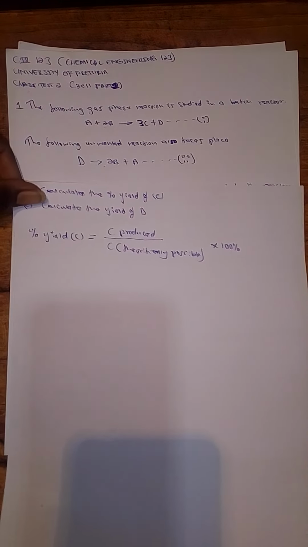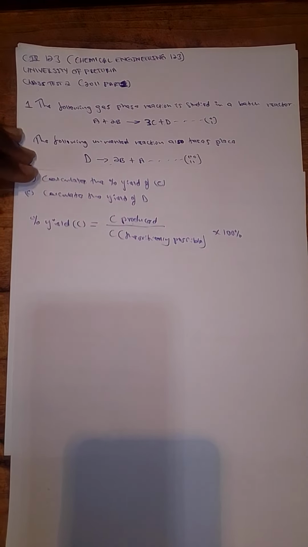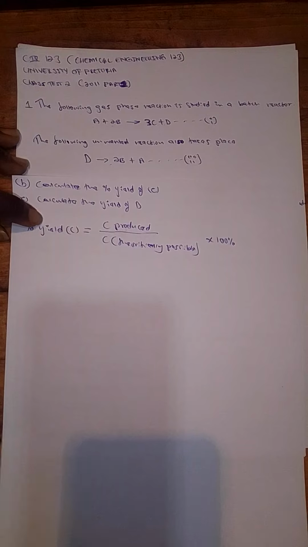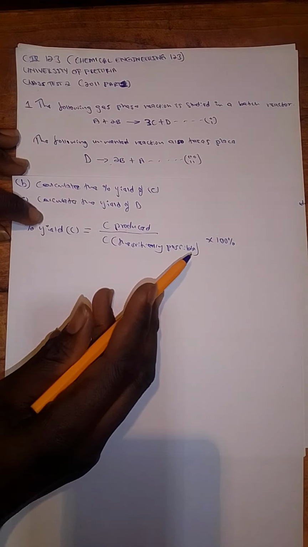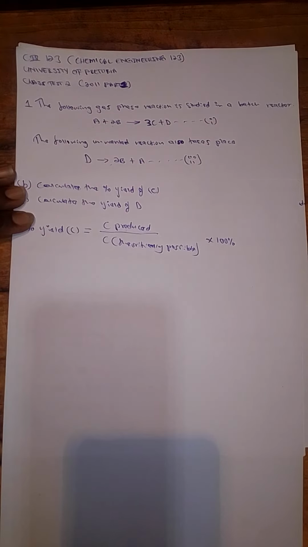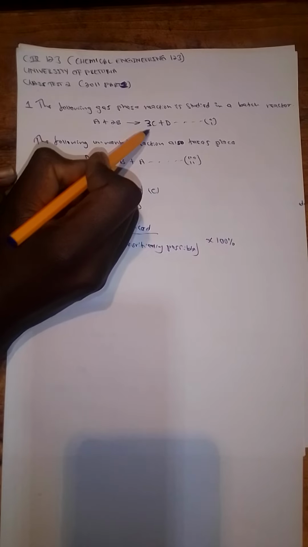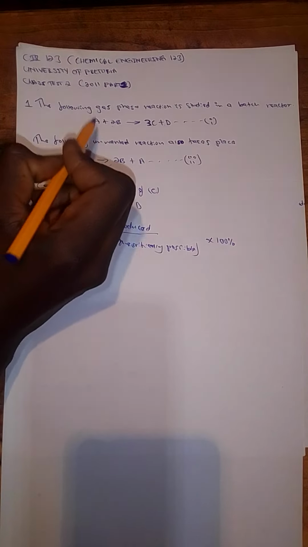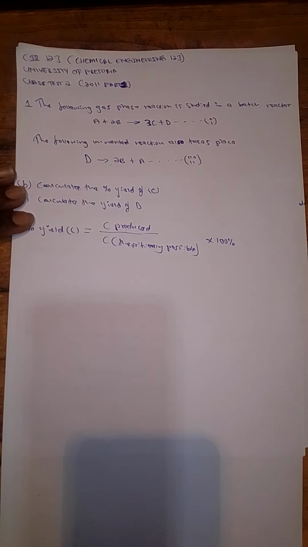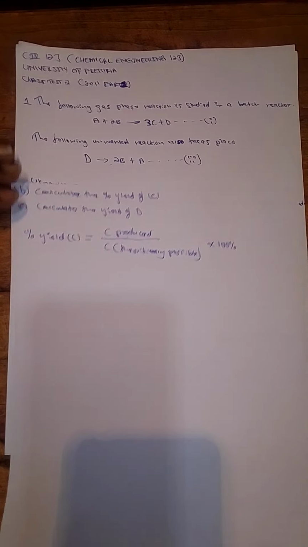So one thing we're going to do is calculate the amount of C that is theoretically possible. It's important to understand that the C that is theoretically possible depends on the limiting reactant. The problem statement tells us that unknown quantities of A and B were charged into the reactor initially.